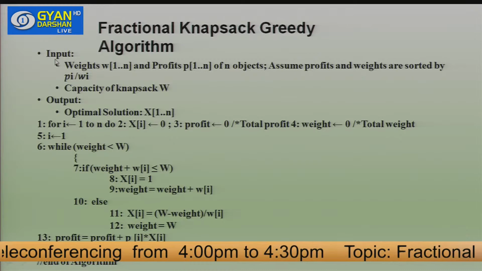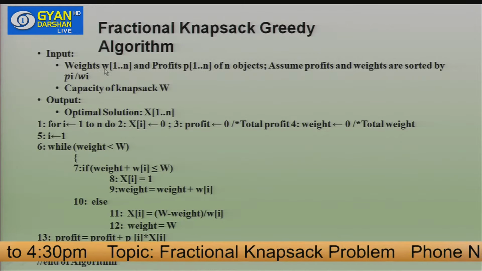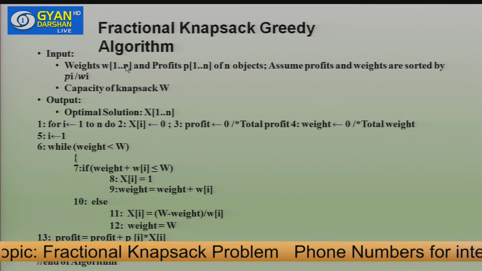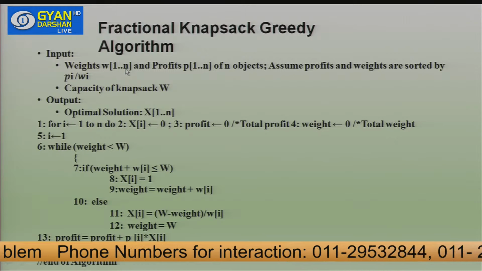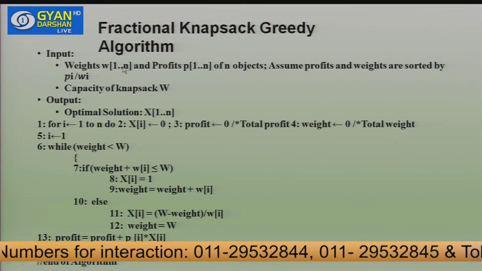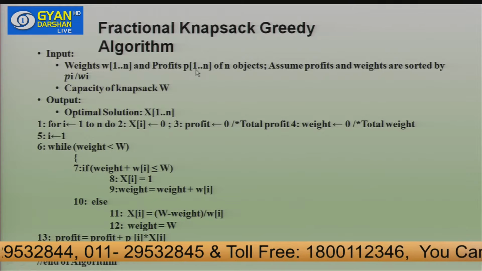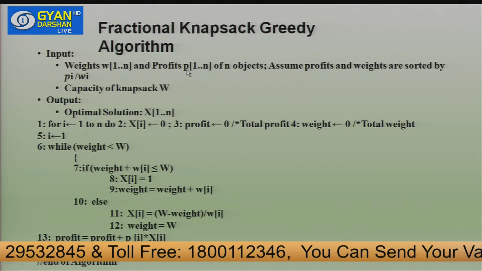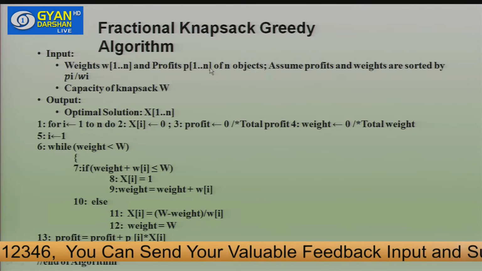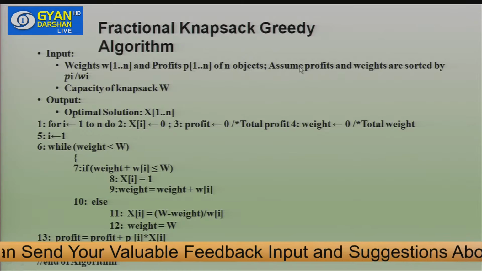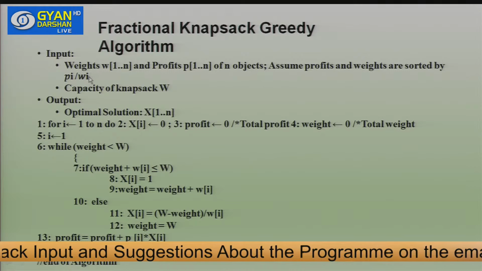So input: we are talking about the weights. Weights we take as W, 1 to n, basically an array of n integers representing object 1 to object n. Profits are also an array of n integers representing the profit of object 1 to object n, and assume profits and weights are sorted by Pi divided by Wi.